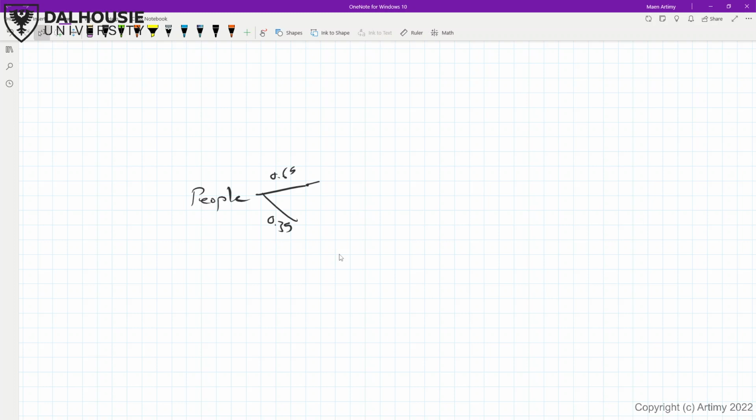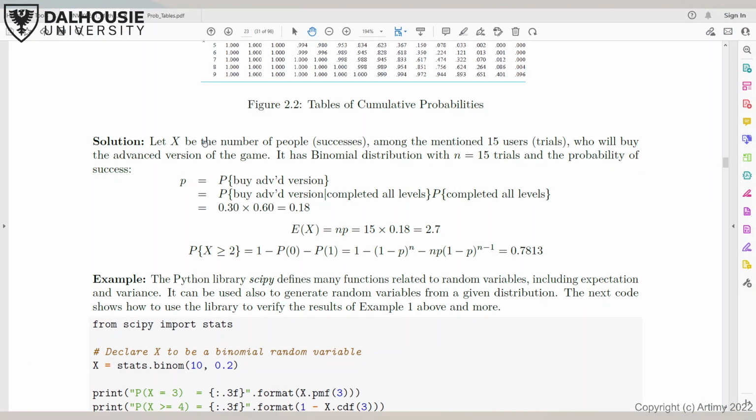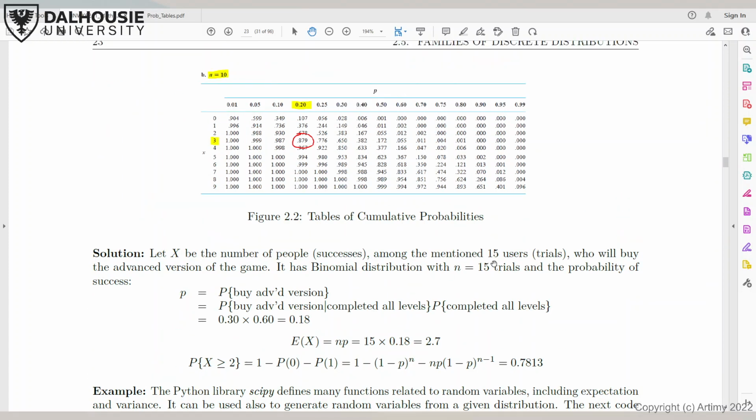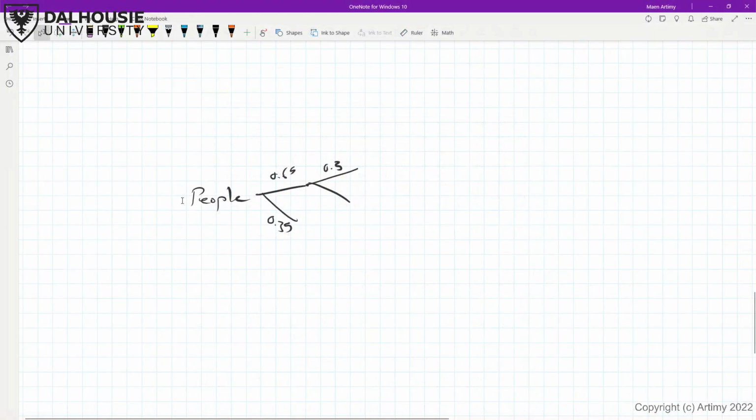And then among the 65, did they say 30% will buy? 30% will buy, and the remaining 0.7 are not going to buy.